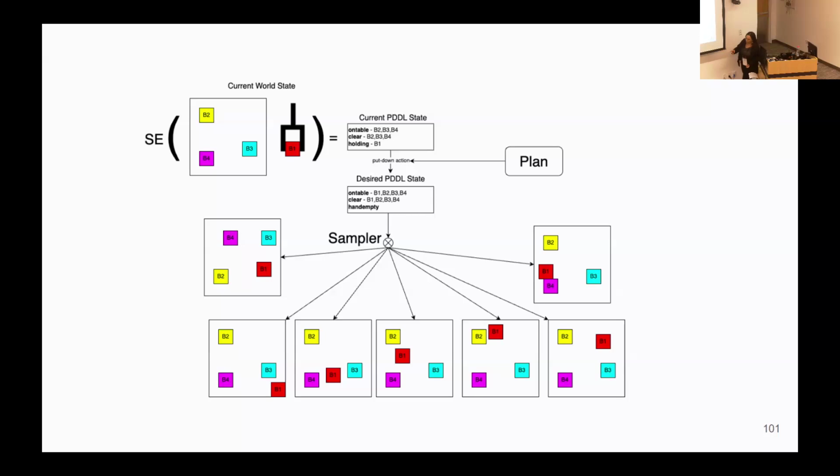These are all, and this is the important part, the same state in the task space. In the abstract space, these are all B1 on table, B2, B3, B4. But they're very different from the point of view of the robot and the configuration space view.